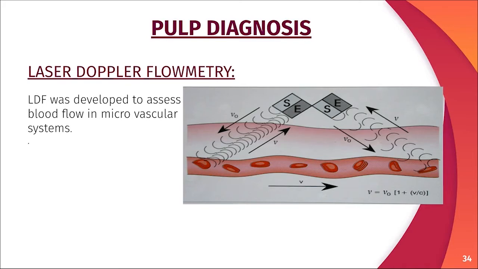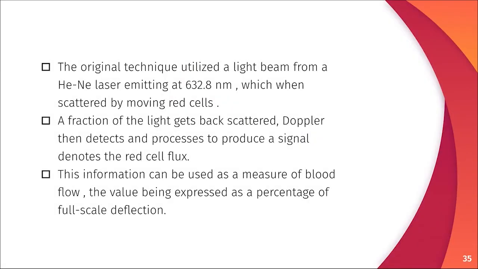Pulp diagnosis: laser Doppler flowmetry, LDF, was developed to assess blood flow in microvascular systems. In this technique, using a helium neon laser emitting at 632.8 nanometer, we irradiate the moving red cells.